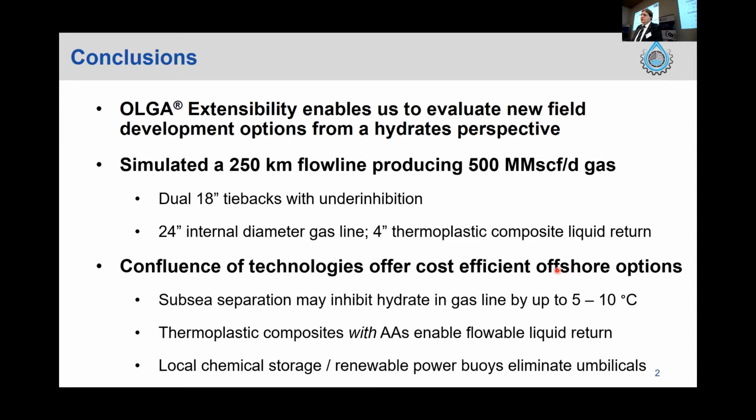The gas line, we'll see that the separation actually offers us some substantial advantages in terms of a reduction in the back pressure and therefore a reduction in the amount of THIs that are needed. And ultimately what we wind up finding is that there is at least potential with local chemical storage and local power solutions as well to wind up eliminating umbilicals from the system.